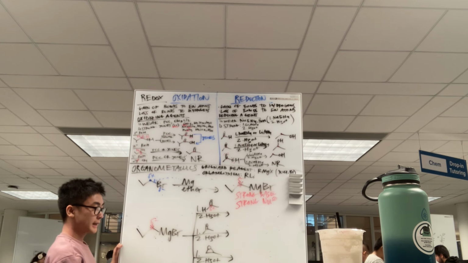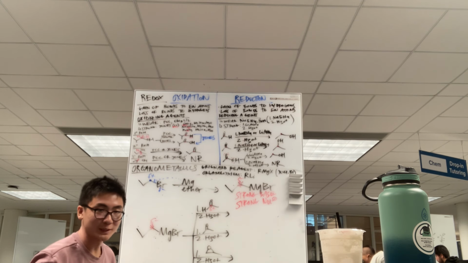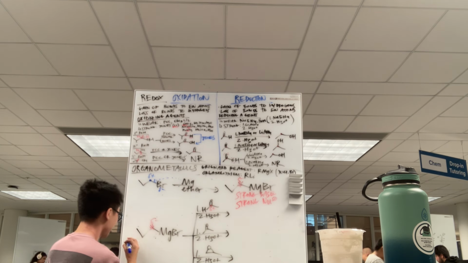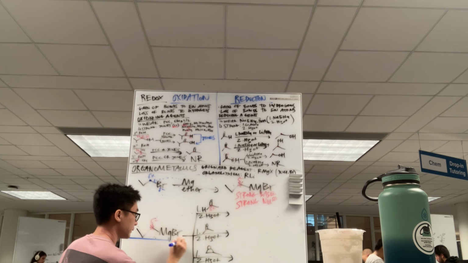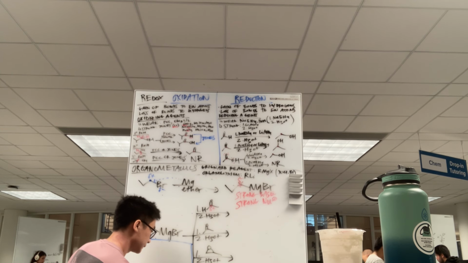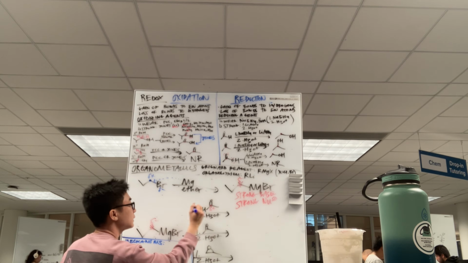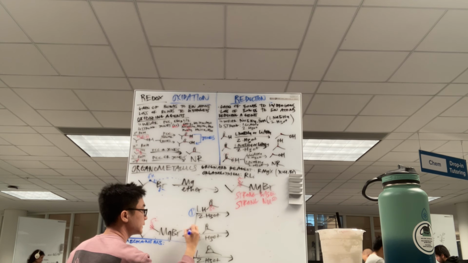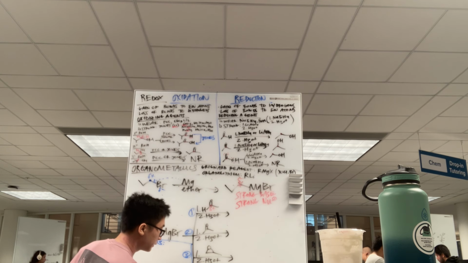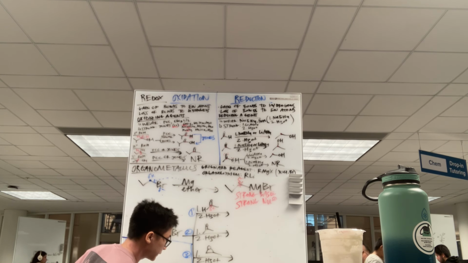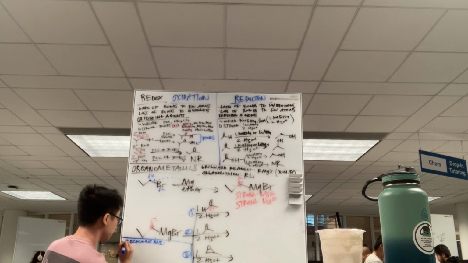Now the mechanism here is going to look like this. I'm going to make a box for the mechanism to show you guys what it looks like. This is reaction 1, reaction 2, reaction 3, reaction 4, reaction 5. That's for reaction 1.